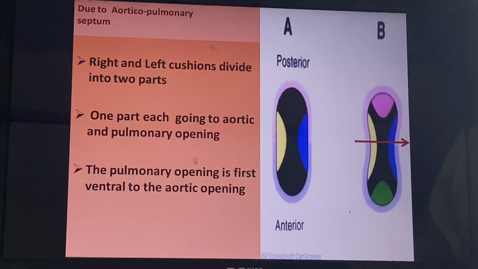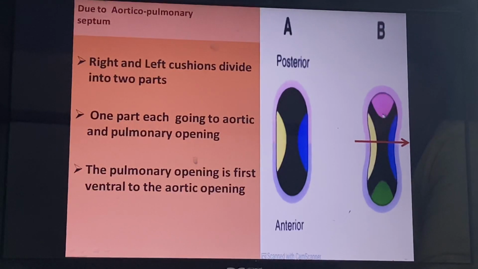Now, due to the aorticopulmonary septum, the right and left cushions divide into 2 parts, one part each going to the aortic and pulmonary opening. If we see the demarcation point, they separate at this level. Once they separate, there is a single endocardial proliferation lying anteriorly and 2 lying posteriorly.